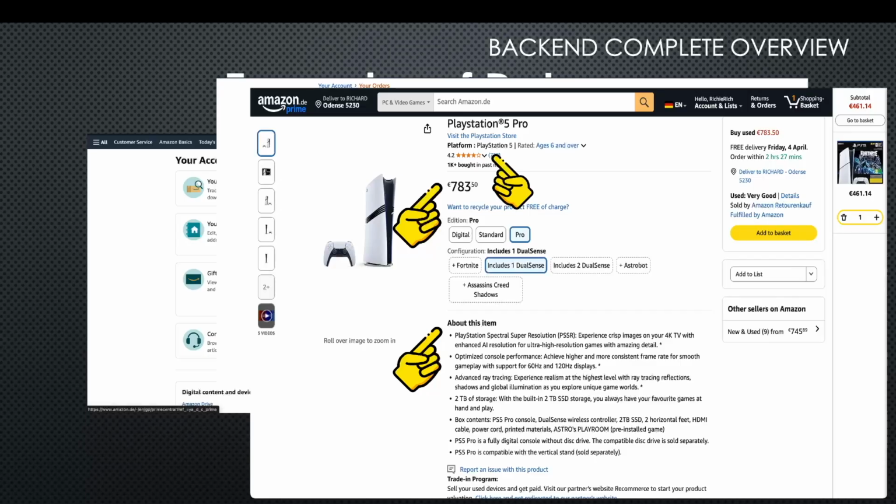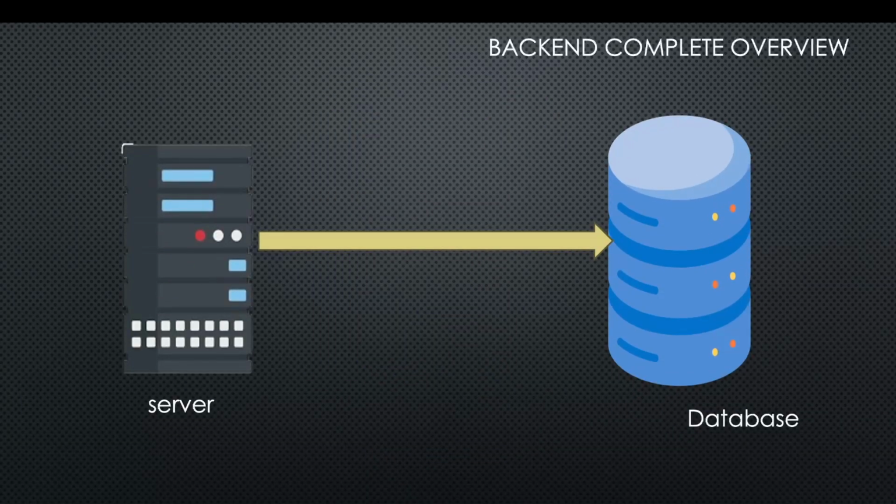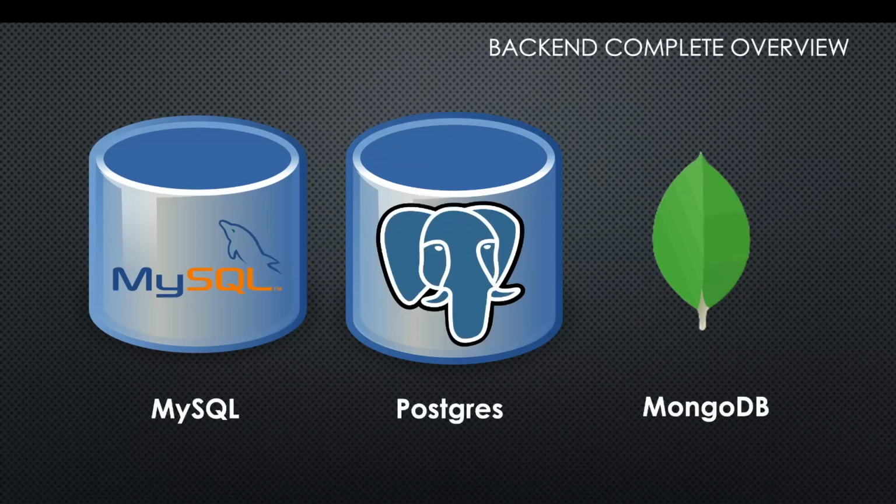In order for us to store this information, we use a database. A database helps us store and manage data. It is just a piece of software that usually runs on a different computer. And we have to do some configurations for our backend to communicate with the database. The most popular databases are MySQL, Postgres, and MongoDB.